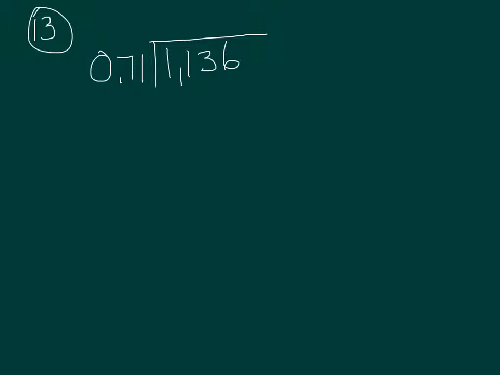Well, if this goes into the hundredths, I'm going to have to multiply by 100 to remove that decimal. 71 hundredths times 100 leaves me with 71 as my divisor. I'm not done.